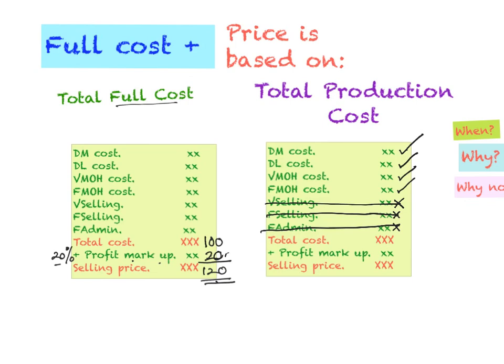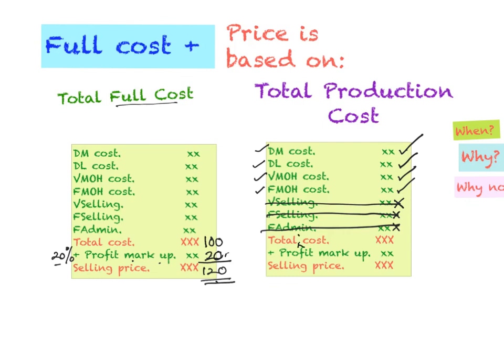So our total production cost will normally consist of only these four: direct material cost, direct labor cost, variable manufacturing overhead, and fixed manufacturing overhead cost. Okay, and because of that, you are going to get the total production cost.